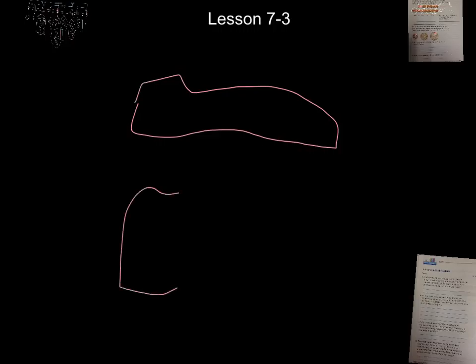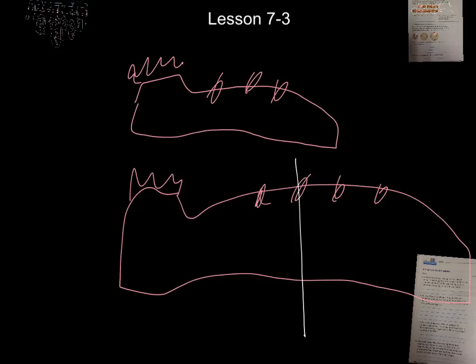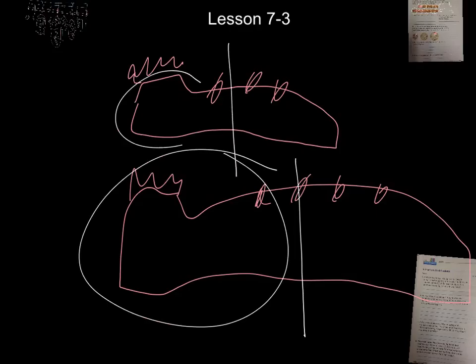And here's my shoe. Okay, put some laces in there and make it actually look like a shoe. And here's where the socks would go. Or really hairy ankles, 1 and 2. But anyways, if I took half of my shoe and you took half of your shoe, obviously my half would be way bigger than your half just because of the size of the whole.